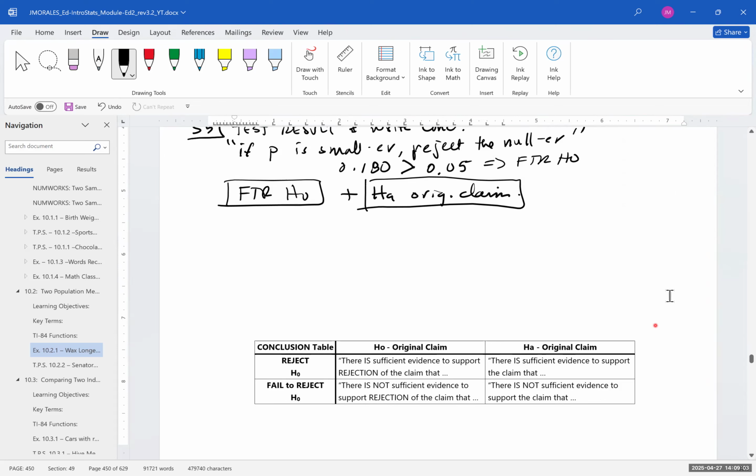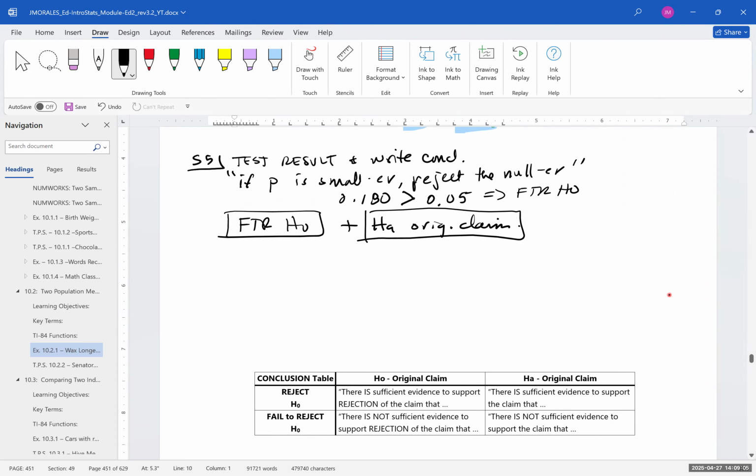So now with those two in mind, we failed to reject the null, and the alternate was our original claim. So coming over and going down, this is how we're going to begin to write our conclusion.